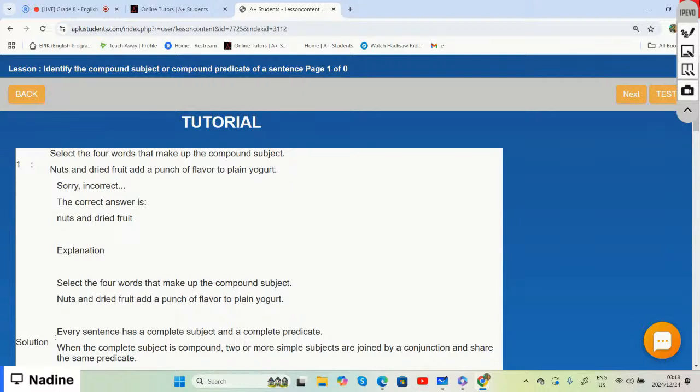Nuts and dried fruit add a punch of flavor to plain yogurt. We now need to select the four words that make up the compound subject.